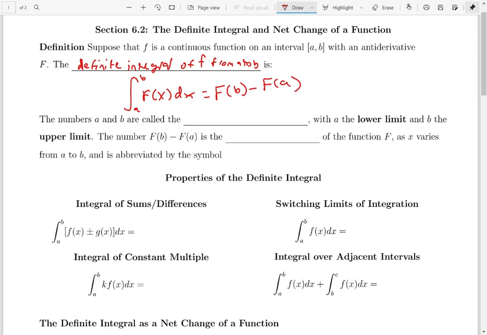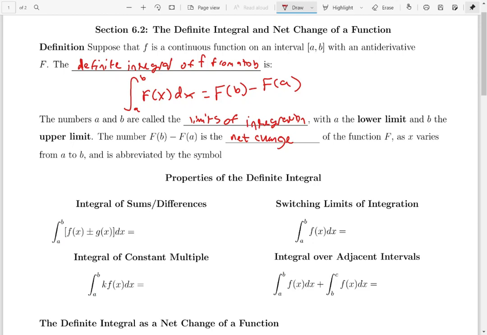Now specifically, like I said, the numbers a and b are called the limits of integration, with a being the lower limit and b being the upper limit. And then the number capital F of b minus capital F of a can be thought of as the net change of the function capital F, which is the antiderivative, as x varies from a to b.